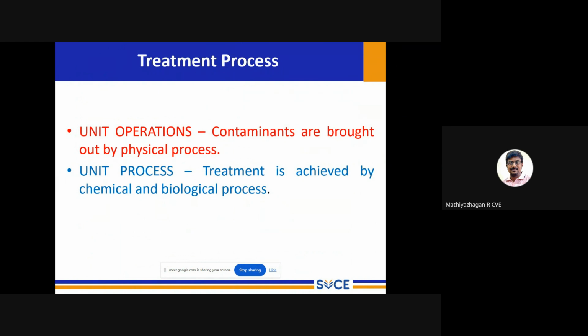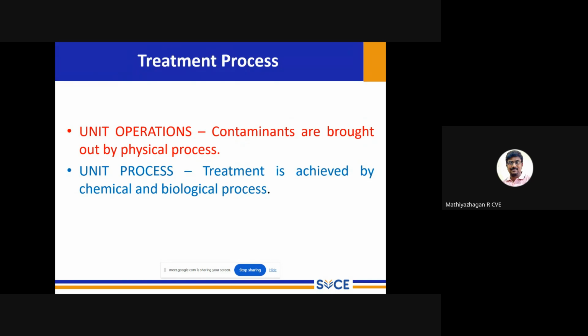Yes, we can say the entire treatment processes or types of treatments come under unit operations and processes. Where contaminants are removed using physical forces, that particular treatment is called a unit operation.